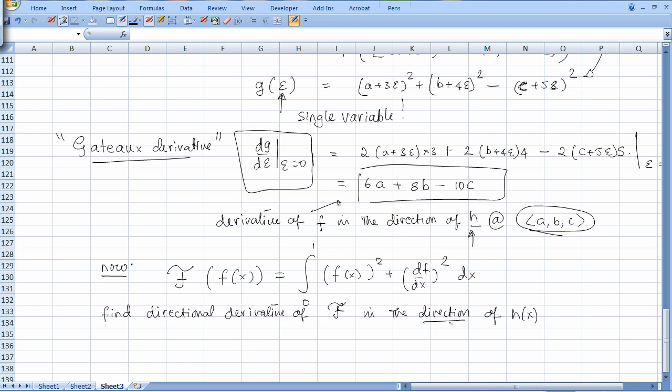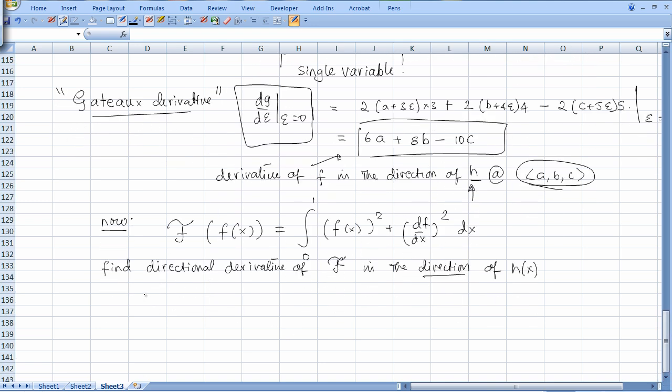Don't worry about it. We are just going to do the formal calculation. Okay, formally what this means is that first, step 1, create F of x plus epsilon h of x.